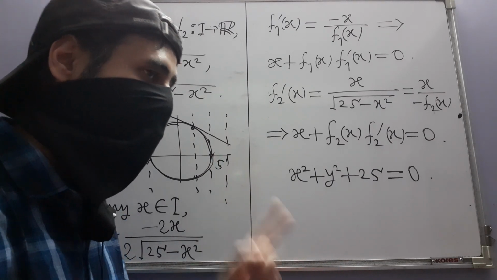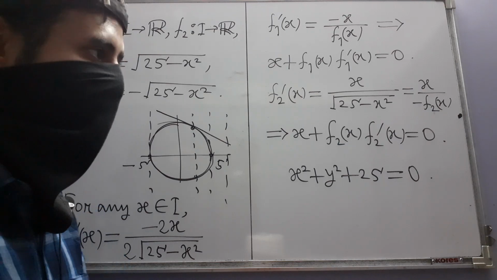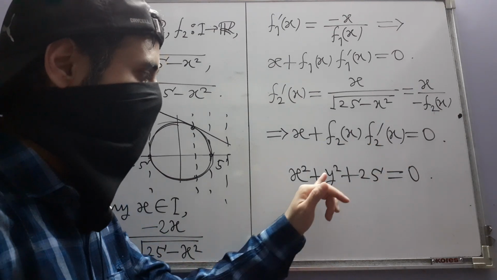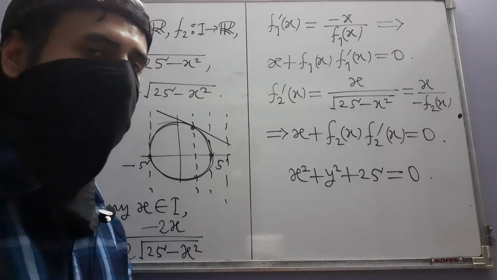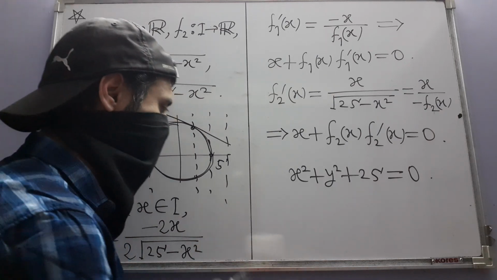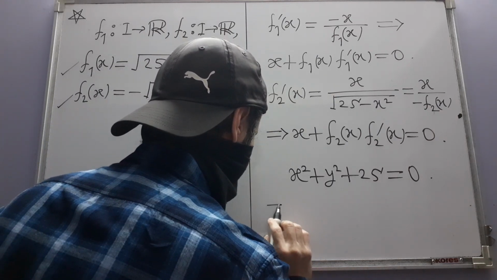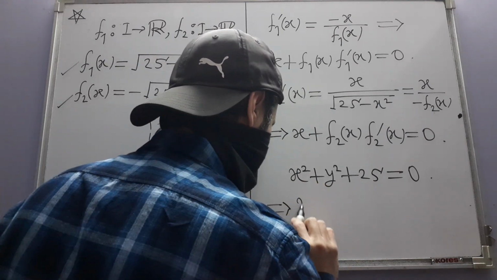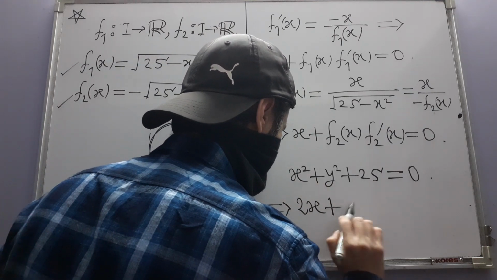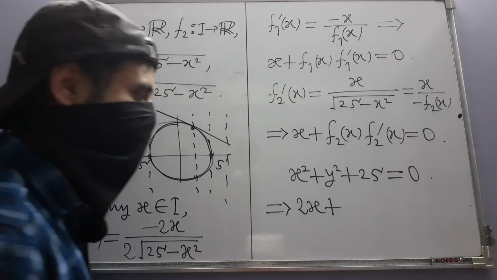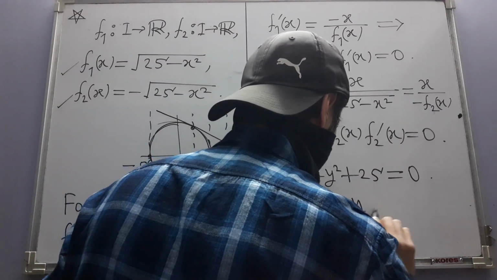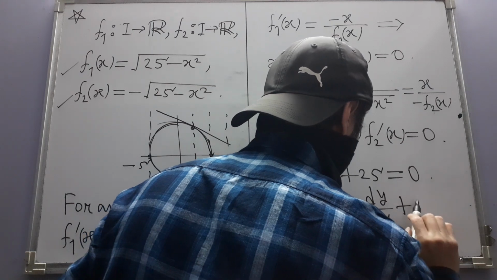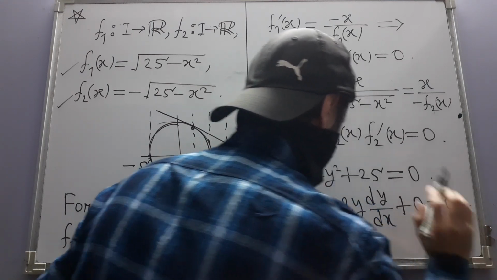You can do implicit differentiation, which is simply differentiating both sides with respect to x, treating y as a differentiable function of x and using the chain rule. Differentiating x square gets you 2x, and using the chain rule, differentiating y square gives you 2y dy/dx, plus 0 equal to 0.